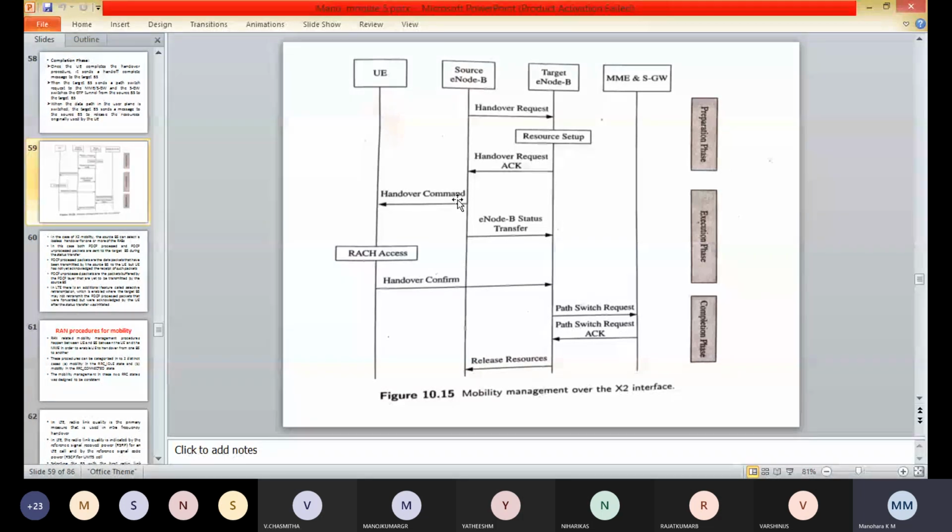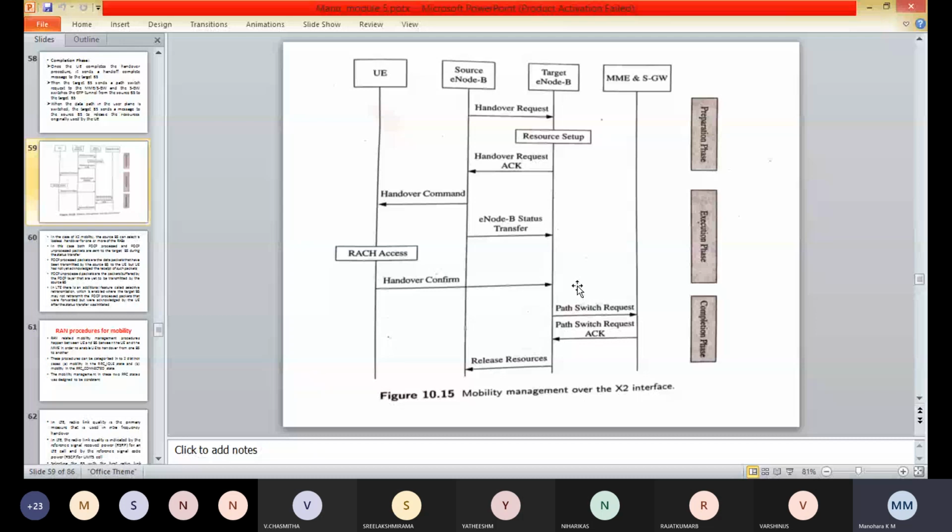While the user equipment completes the various RAN related handover procedures, the source E node B will start the status and data transfer to the target E node B.